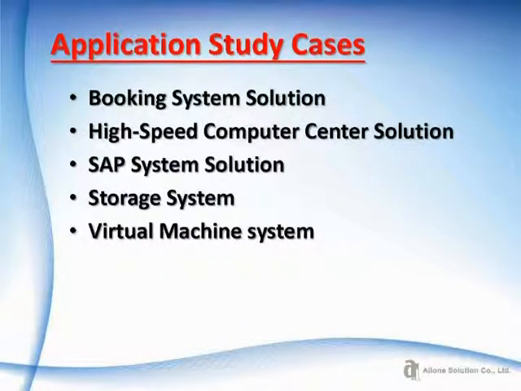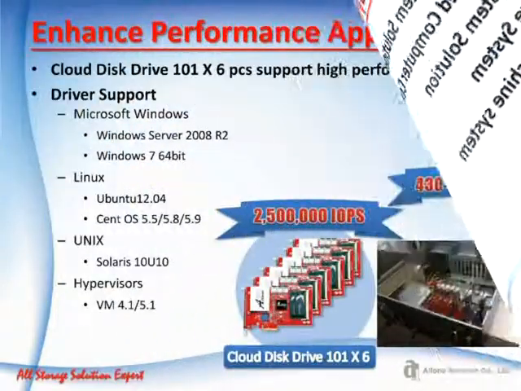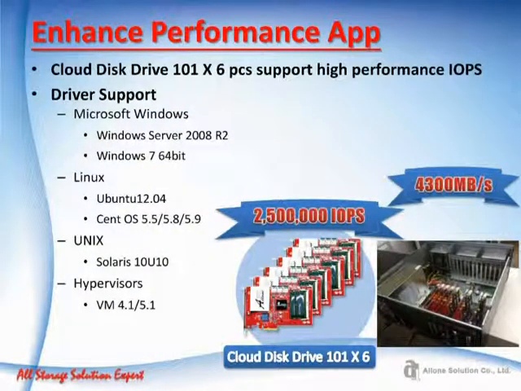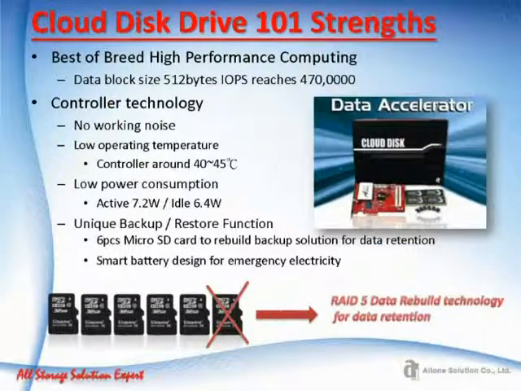About the application case studies, as you see, our 101 RAMDisk could apply to booking system solutions, high-speed computer center solutions, SAP system solutions, storage systems, virtual machine systems, and data center apps. As for the 101 Plus, it can also support micro Windows, Linux, Unix, and Hyper-V OS systems, and with our 6-pix RAMDisk, you will have 2,500,000 I/Os.